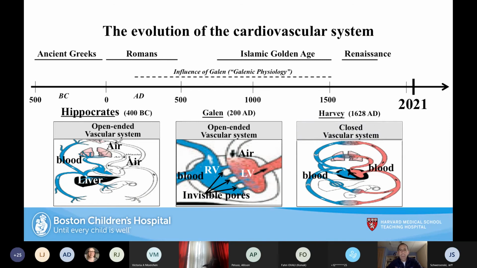And we know that William Harvey, who's considered the father of cardiovascular physiology, said that it was a closed system where blood came to the right side of the heart, went to the lungs, came back to the left side of the heart. And that is how we have nourishment to all of the different systems in the body.